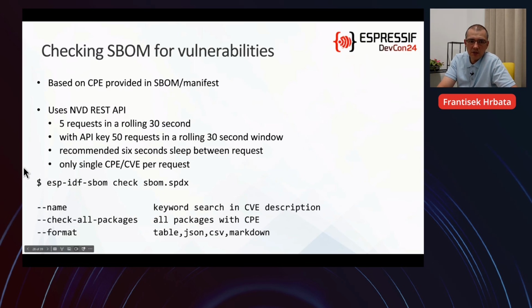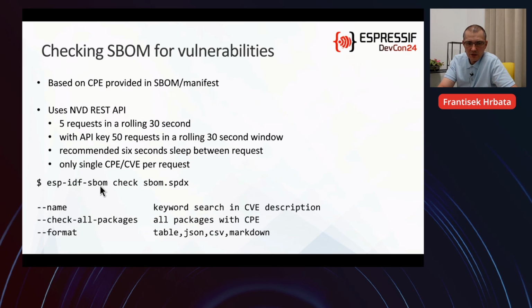It is using the National Vulnerability Database REST API. There are some limitations, like number of requests, there are some timeouts and recommendations, and you can query the NVD REST API only for a single Common Platform Enumeration, CPE or CVE.